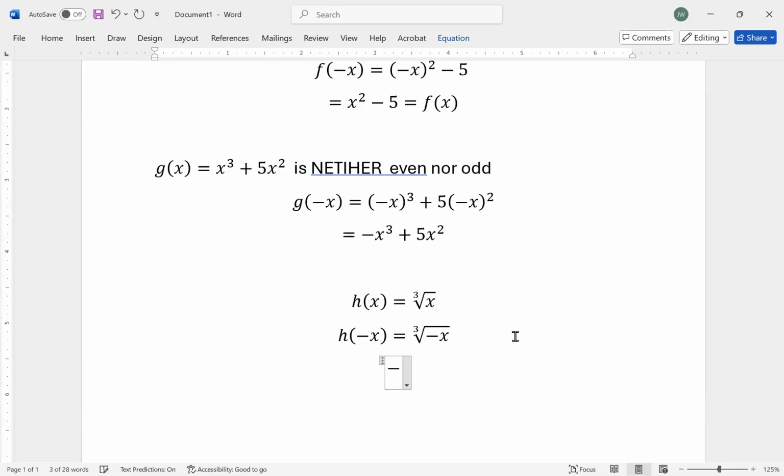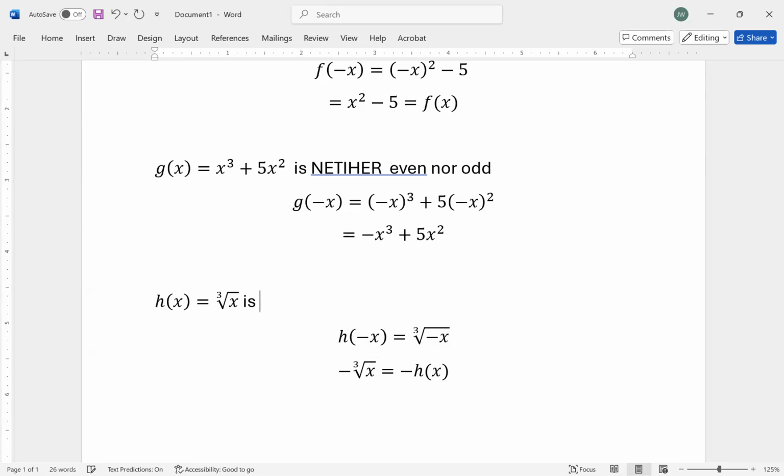That's going to be the negative of the cube root of x, which, notice, is just the negative of h of x. Since h of negative x is the same as negative h of x, that is the definition of being odd. Therefore, this function, h of x, is odd.